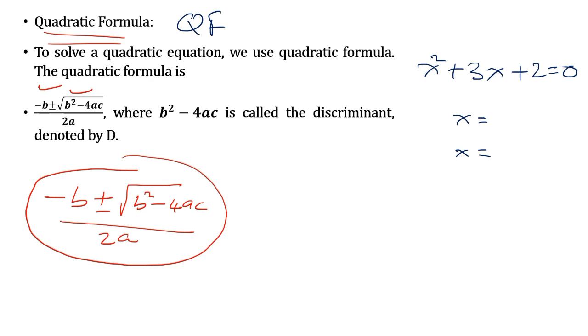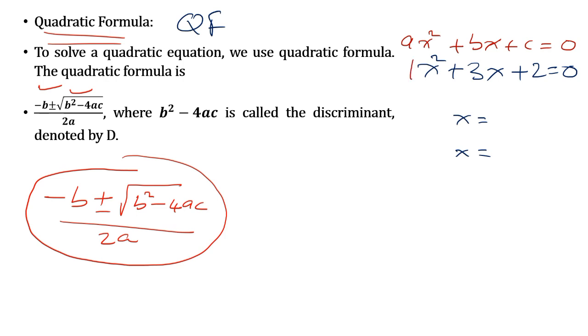Now let me ask you, what is this b square minus 4ac? What is minus b? What is 2a? Where from will we get the values of all these things? It is very simple, my dear friends. Here you have to equate this with ax square plus bx plus c equal to 0. When you equate this, here we have how many x square? 1x square.